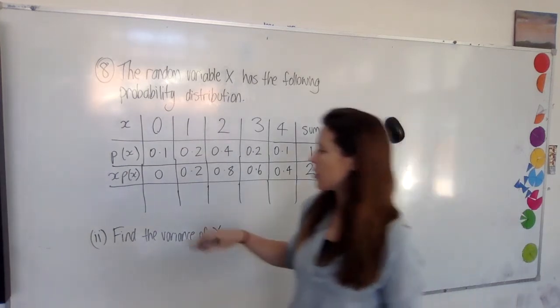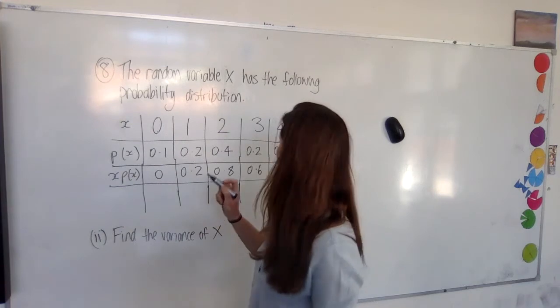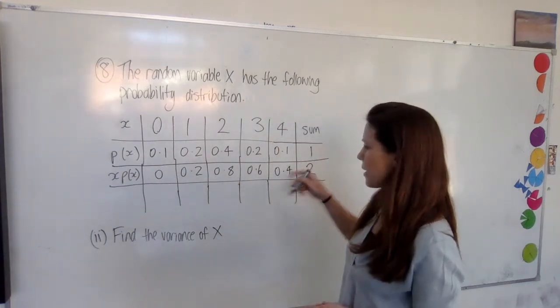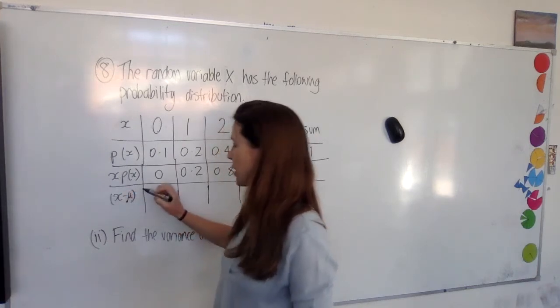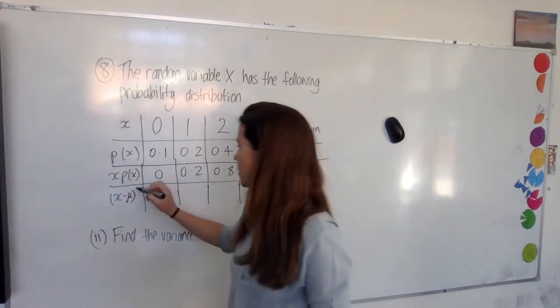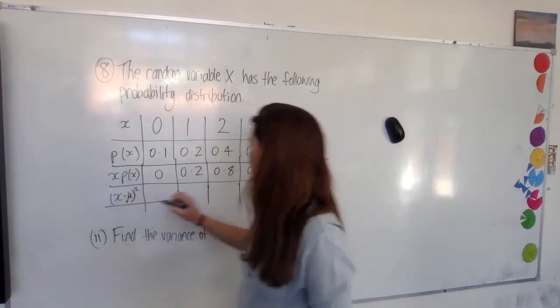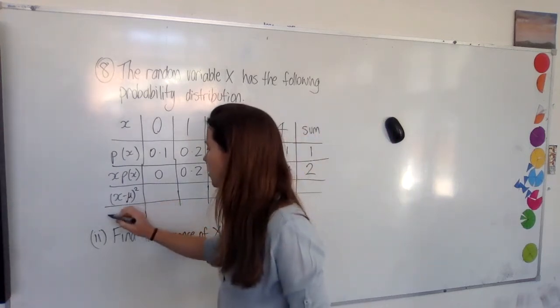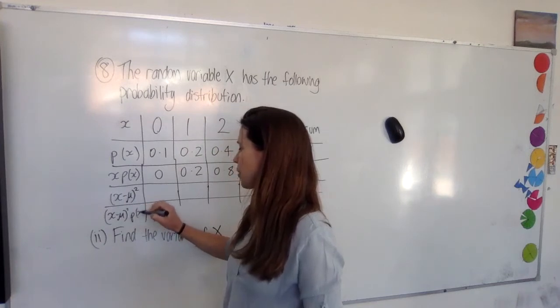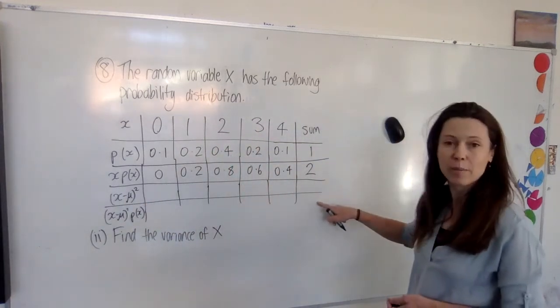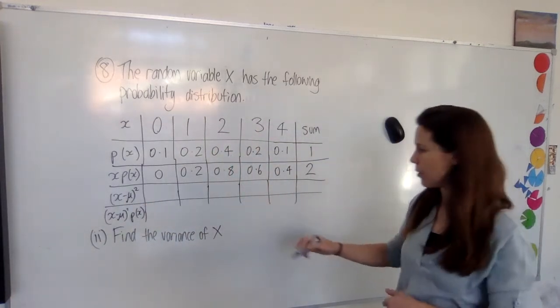So to use formula 1, I need to take the mean away from each score, and then I need to square those. And then on the next line, I'll need to do those numbers multiplied by the probabilities, and then add those up, and that will give me the variance there all in one go.